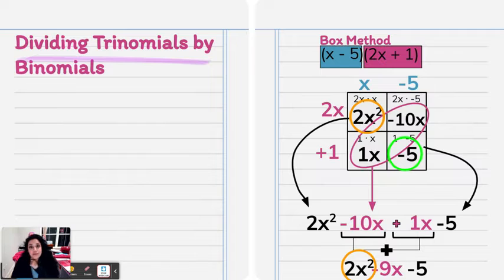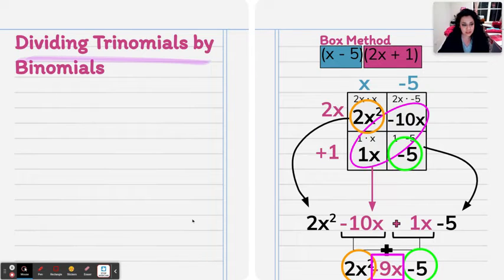And the thing that fills in the bottom right box is your last term in the trinomial. Lastly, the middle term in the trinomial we get by adding the 2 like terms that are left in your box.